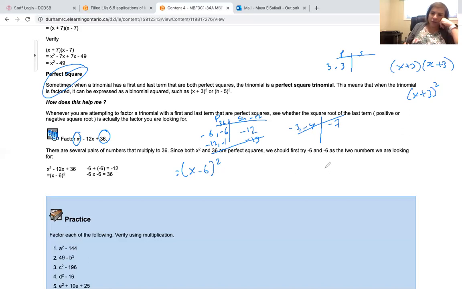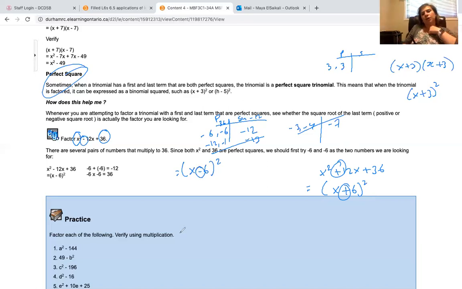Remember, with a perfect square, if you have, let's say, x squared plus 12x plus 36, your factor is going to be x plus 6 squared, because the middle term is positive, so that means it's going to be positive here. If you have a negative in your middle term, then this is also going to be negative. Okay. Let me look at another one.